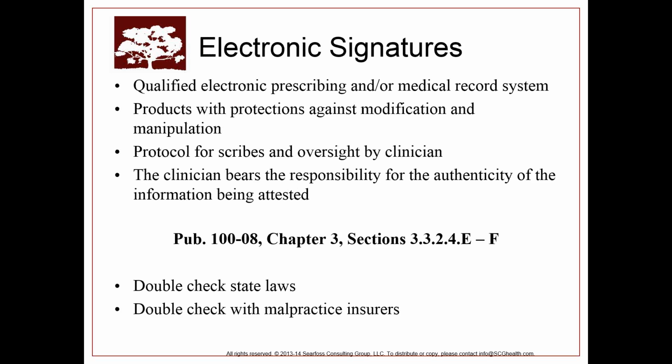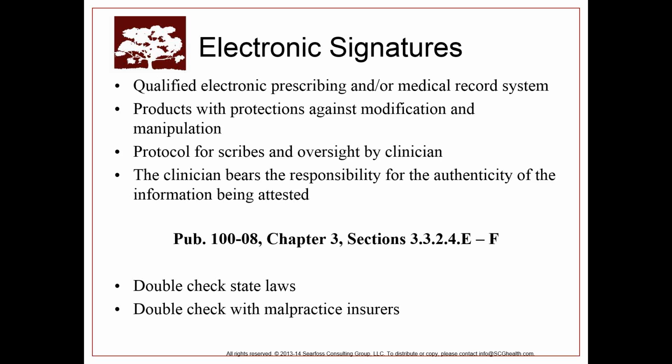So electronic signatures, as we all know, are growing and changing. The technology has made it where you can sign with your finger on iPhones. So electronic signatures really are becoming a great part of how we can authenticate medical records. However, this is the one thing I want to make sure everyone understands: scribes still cannot sign for a physician.